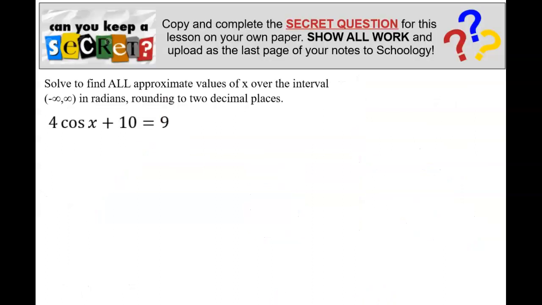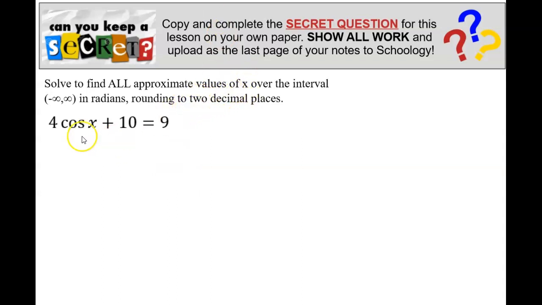So next, you're going to answer the secret question on some scratch paper and show all your work. You're going to upload this as the last page of your notes to Schoology, and then enter your answers in the assignment in Schoology.